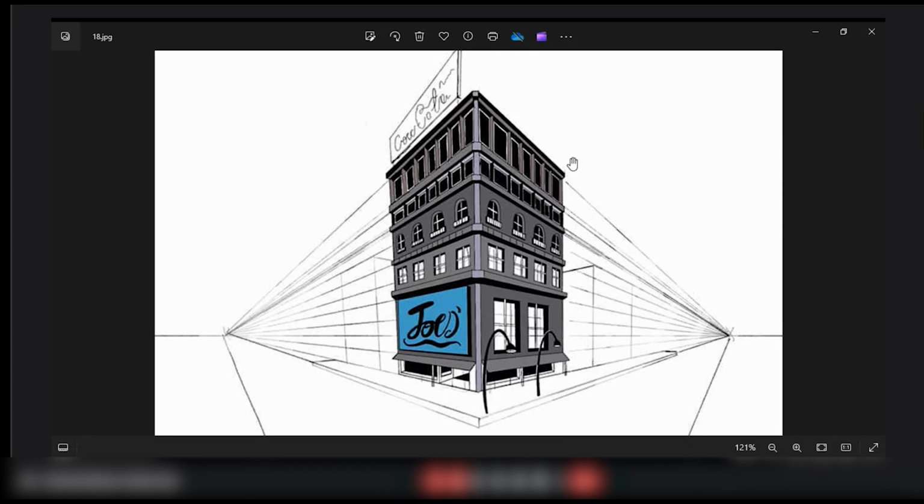Like 1-point perspective was ideal for frontal views of buildings or objects. So in what situation is 2-point perspective really useful? Something like an angled view. Correct. Yes. Two sides. Okay.